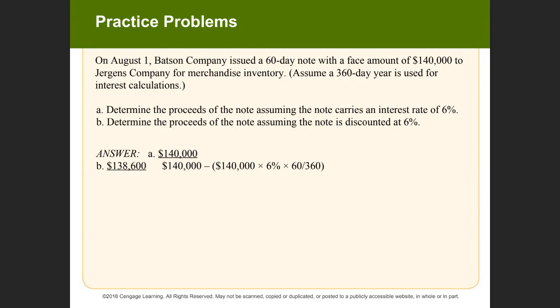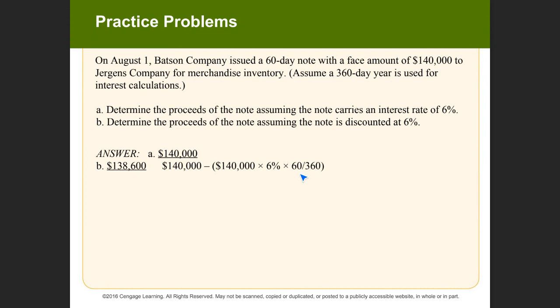For B, we have a discount, so this is the one we have to calculate. They're saying we have a discount of 6%. So we're going to take that 140 times the 6%. It's a 60-day note, over 360 days in a year. Sorry, you can't see my mouse.